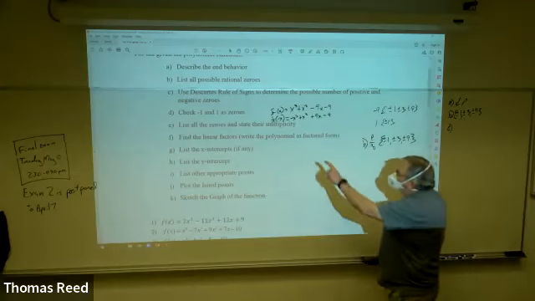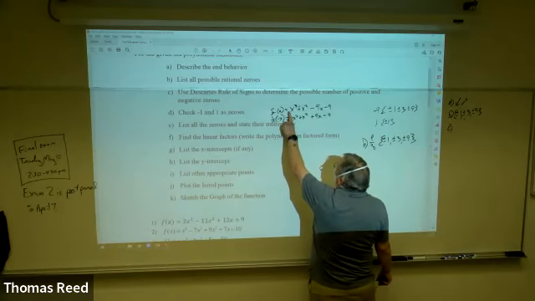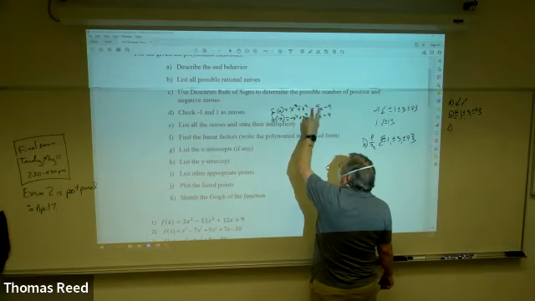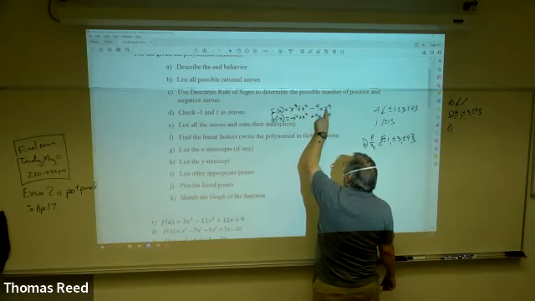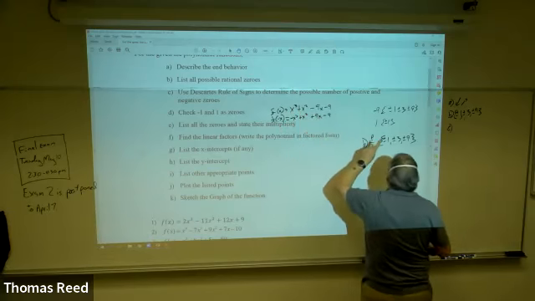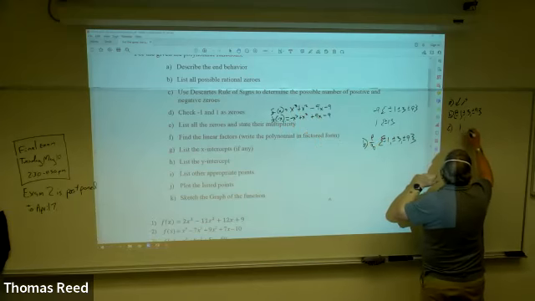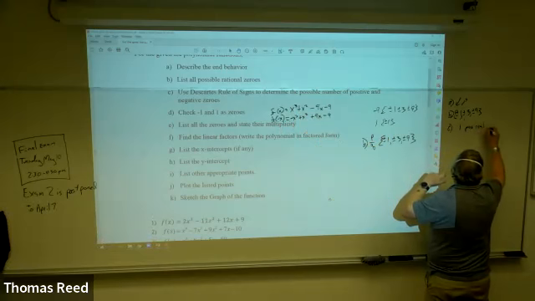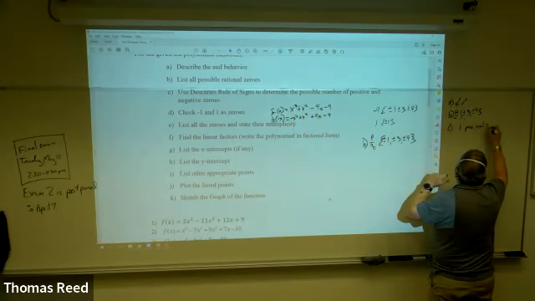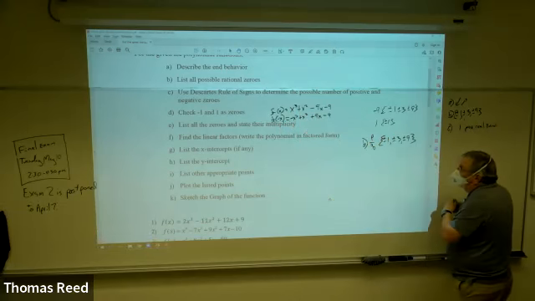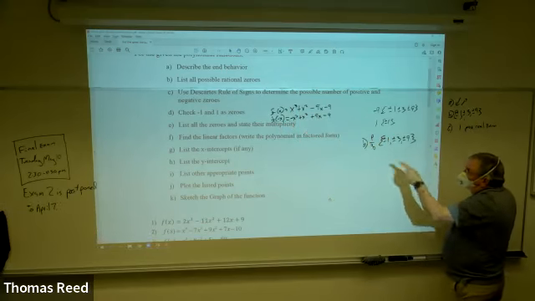So now I count sign changes. Positive, positive, negative, 1 sign change. Stayed negative, only 1 sign change. So that means I will have 1 positive real zero. Now I look at f of negative x.